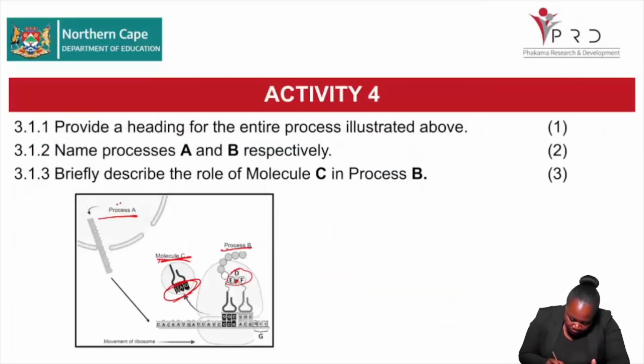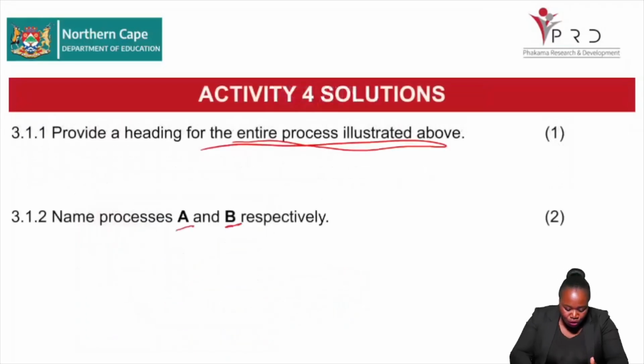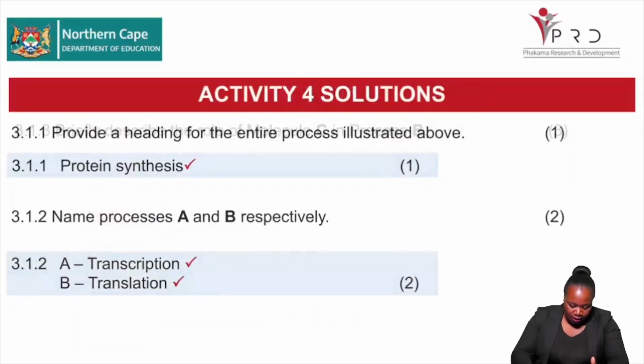Okay, for E, we're given both, right? So the anticodon here is GGC. That is for E. Then we will look on the table what GGC gives us, and then UGC for F. So we're going to look at GGC and UGC. Let's have a look at that.